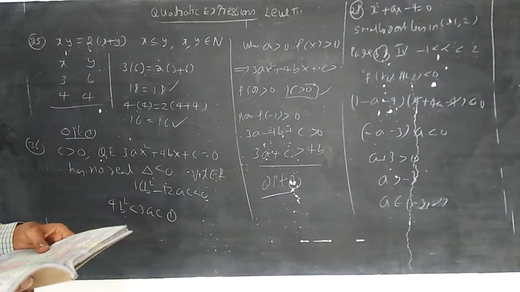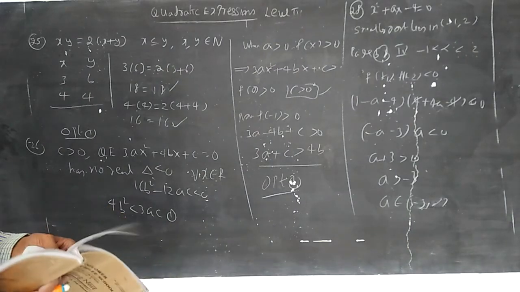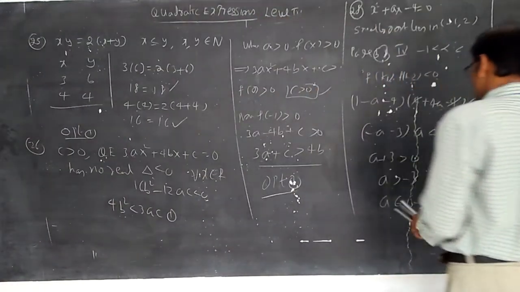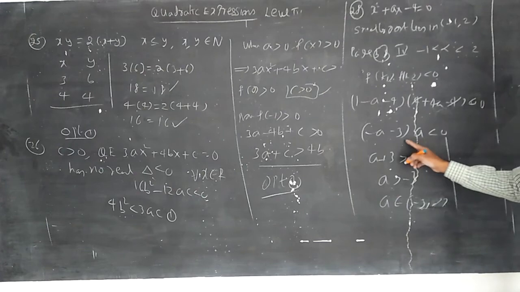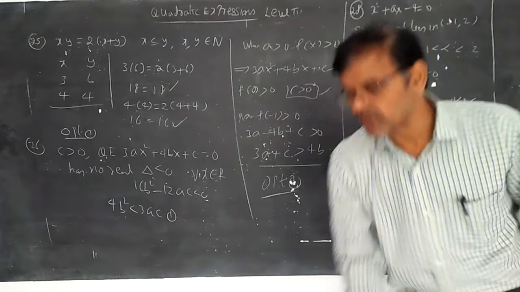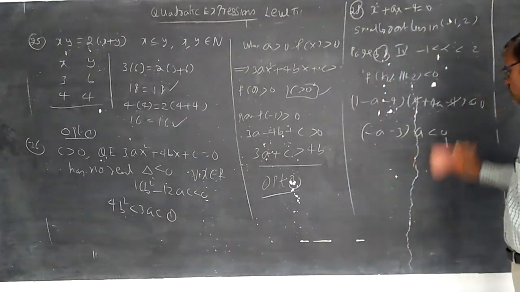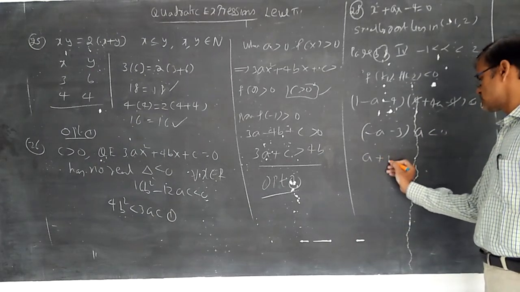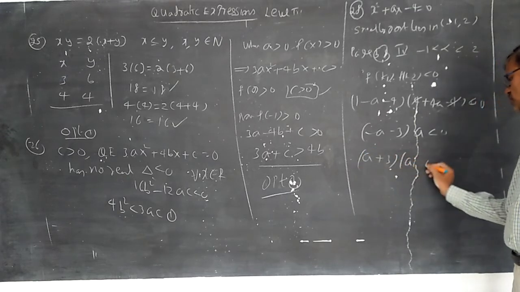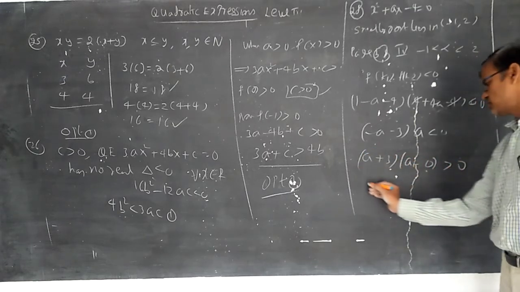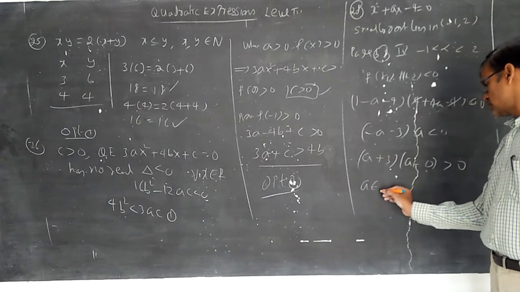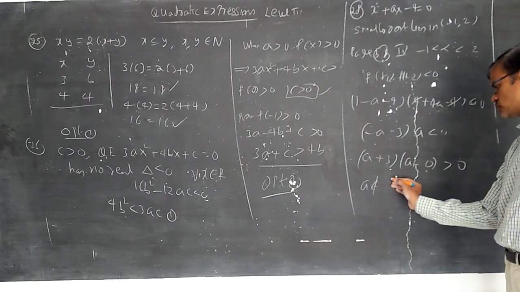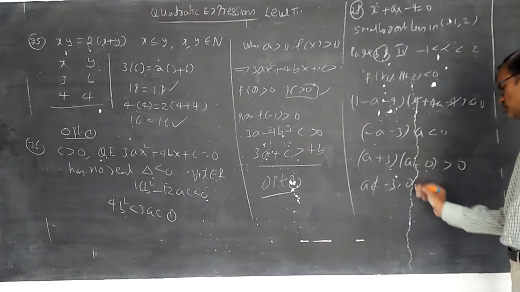Let us verify the options for question number 28. If we discuss a less than 0, a plus 3 into a greater than 0, so a does not belong to minus 3 comma 0.